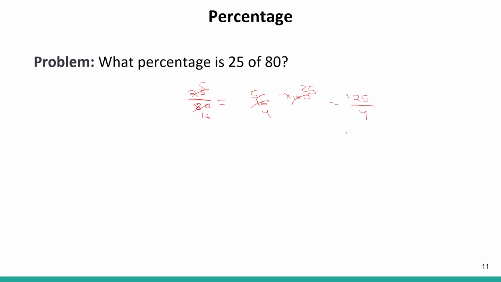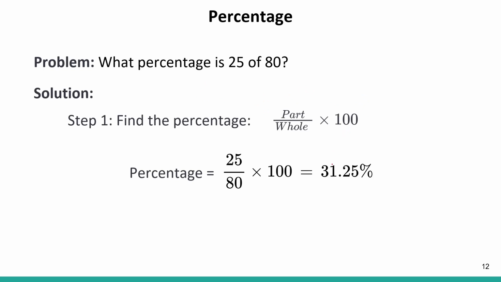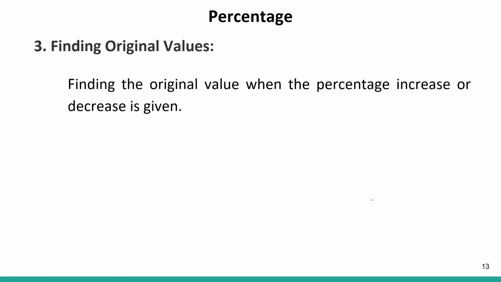This will be equal to 31.25%. So what percentage is 25 of 80? It will be 31.25%. So this is the final answer.